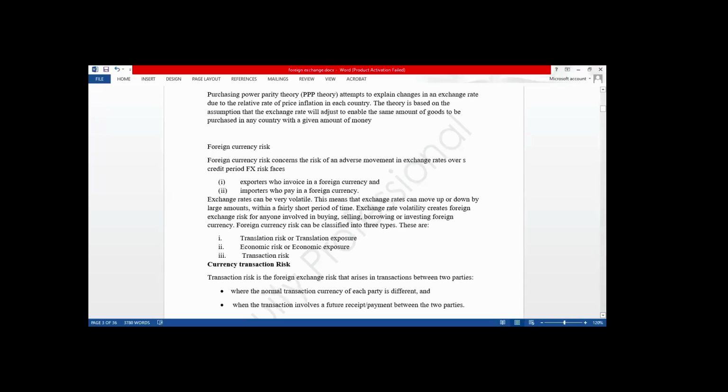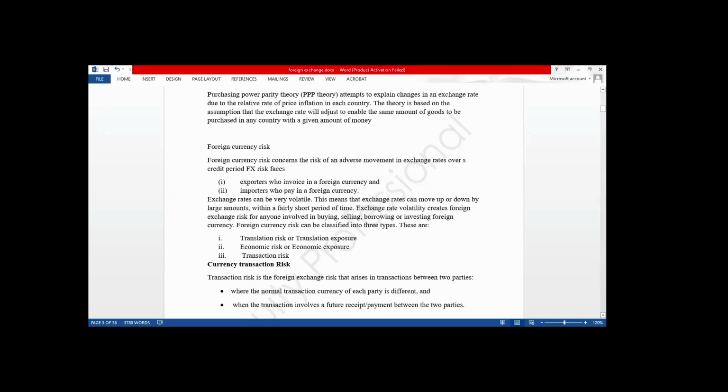This risk can affect exporters who invoice in foreign currency, and can affect importers who pay in foreign currency. If you export your product from Nigeria and you quote your invoice in foreign currency, you are exposed to foreign currency risk.